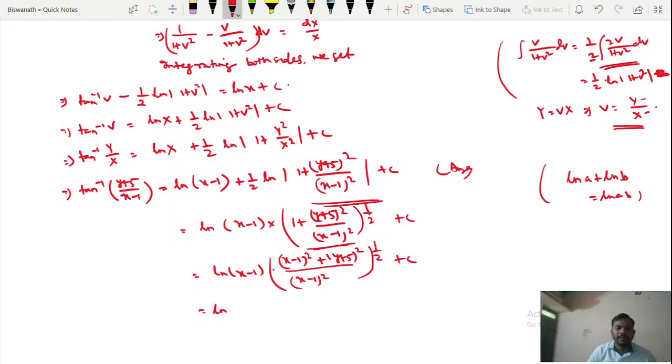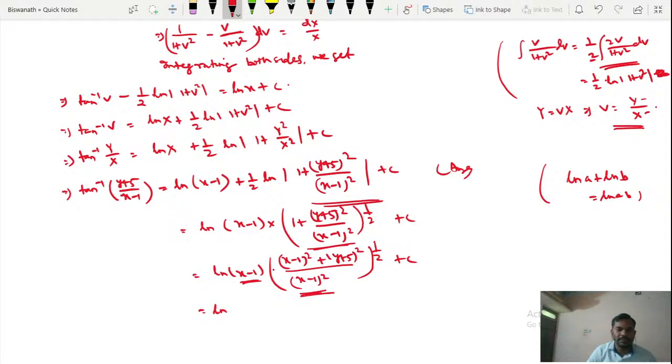So this will be ln. This x minus 1 and this x minus 1 cancel out because there is a square root. A square root of numerator by denominator means the square root of numerator and square root of denominator, so this thing and this thing will cancel out.